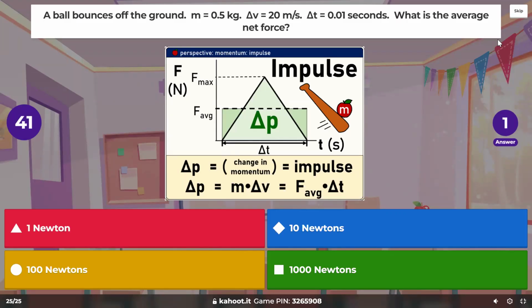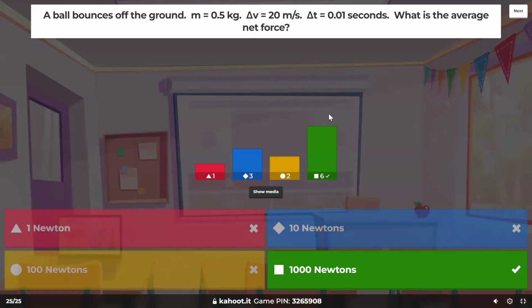What's the average net force? Should work out to 1,000 newtons.